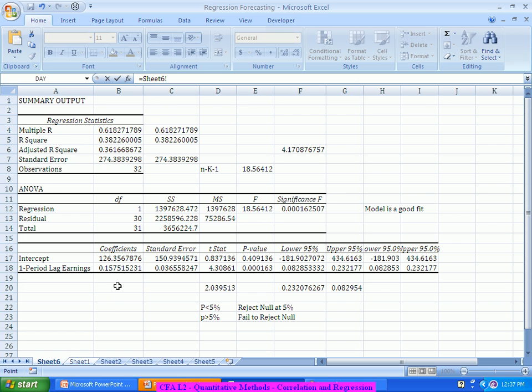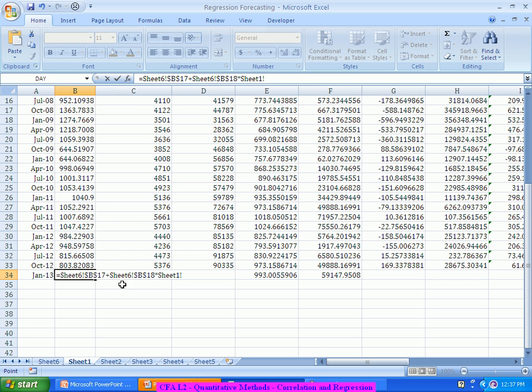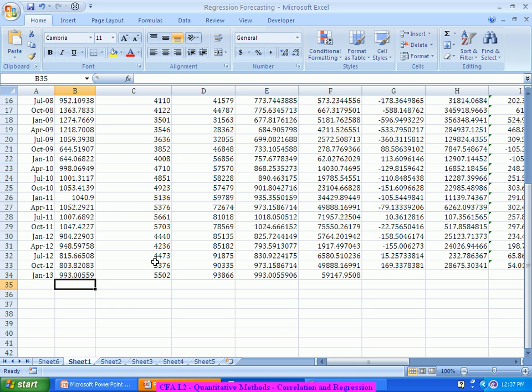I am using equal to 126 plus 0.15 times whatever is my 5502, which is telling me if I go with this assumption, my stock price needs to be 993.